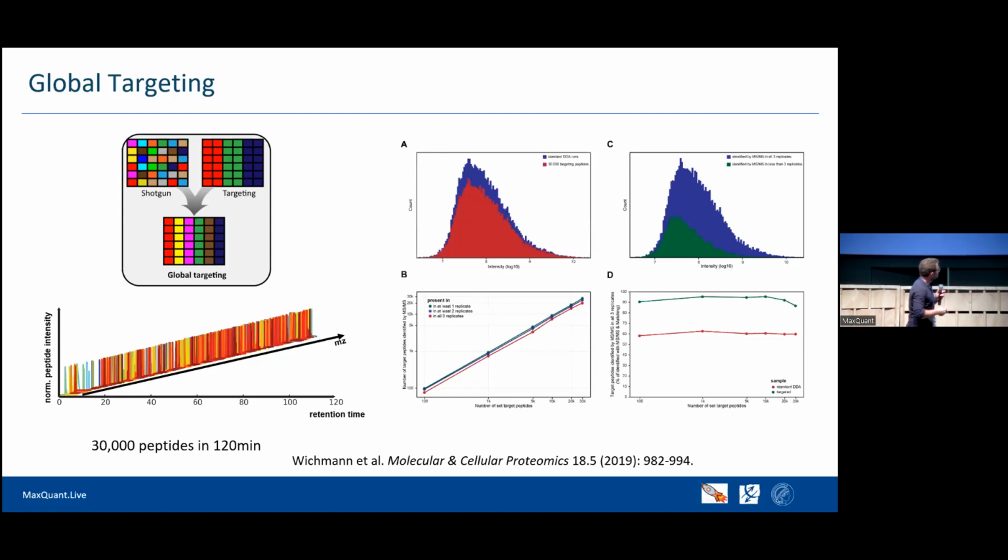This is the number of target peptides, starting from 100 up to 30,000, and what we compared is the reproducibility over triplicates.